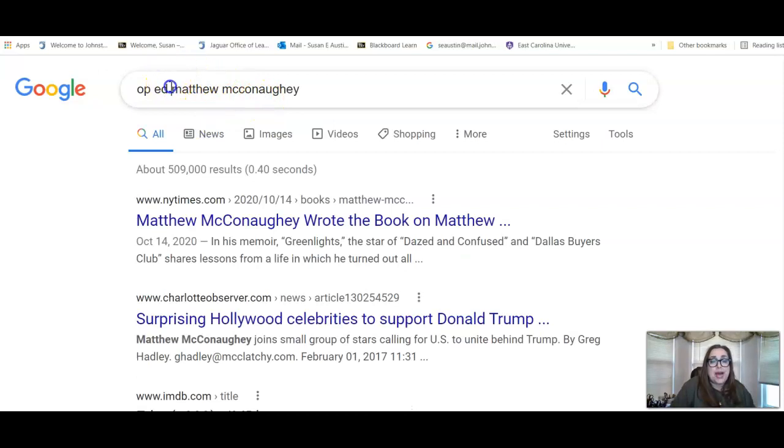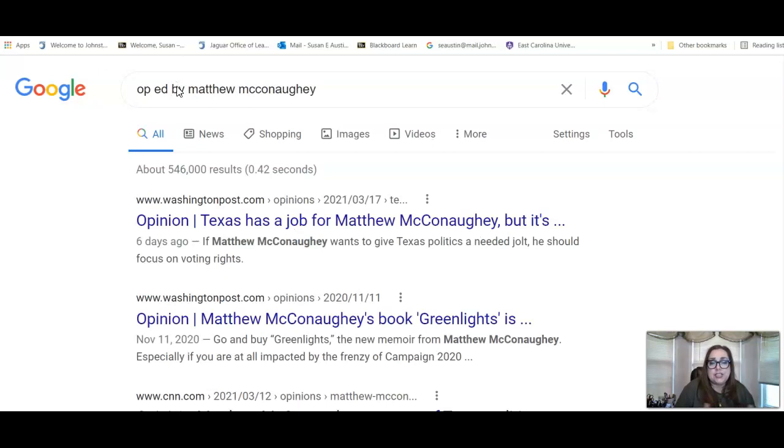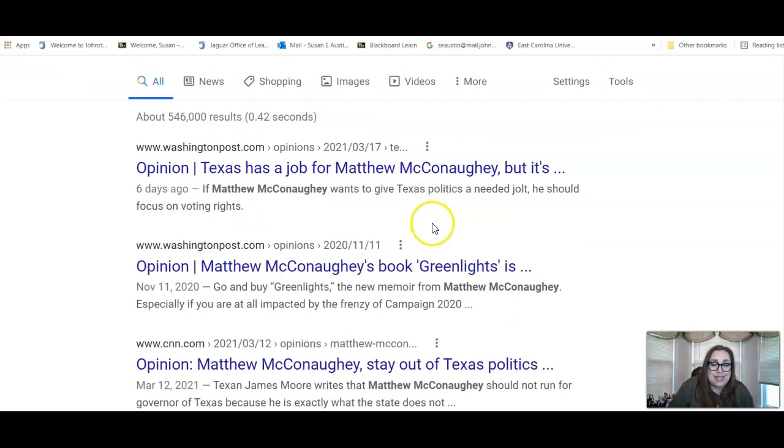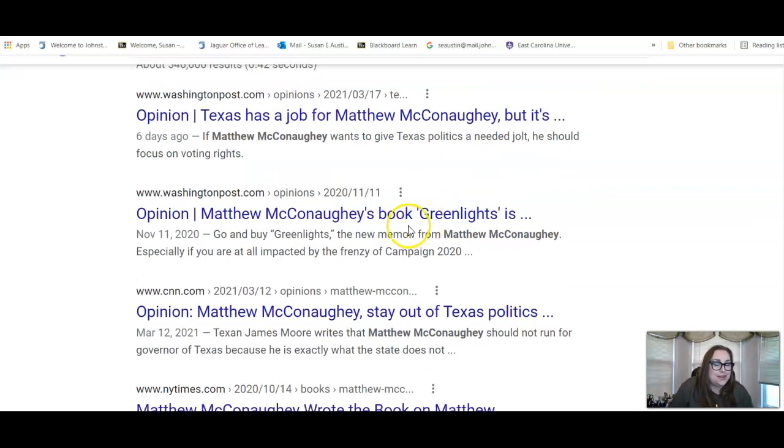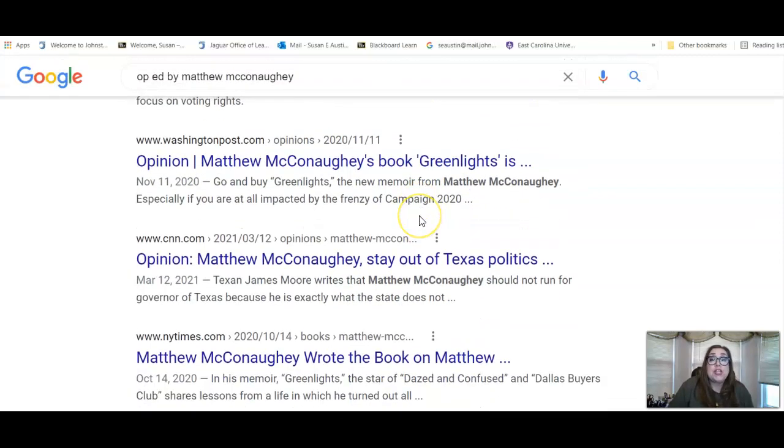Op-ed by, I don't know if he's written any, but he just recently published a book. So I didn't know if maybe he had an opinion. He has a lot of opinions, but I didn't know if he'd written an opinion editorial. Okay, so let's say I particularly like movies that Matthew McConaughey is in. And then I'm like, oh, that might be fun just to see if he's written some.